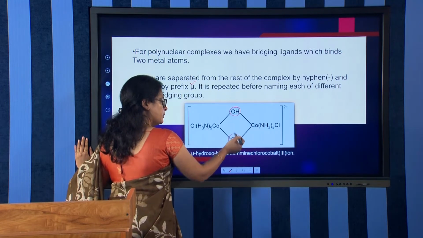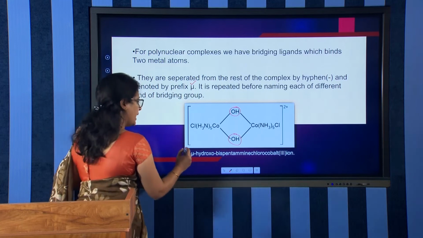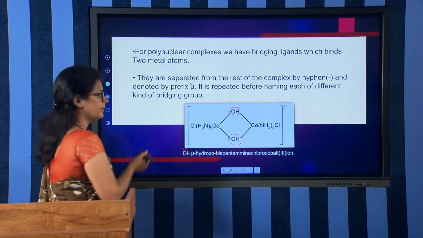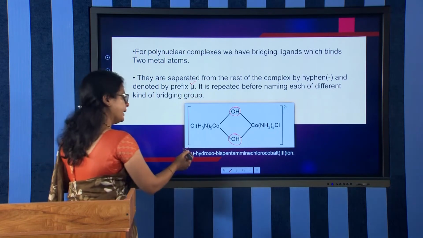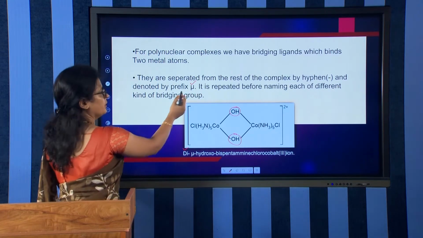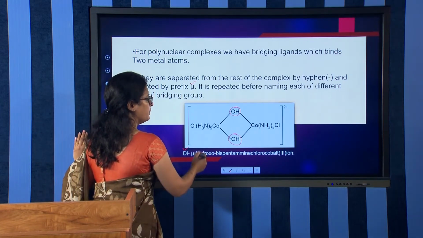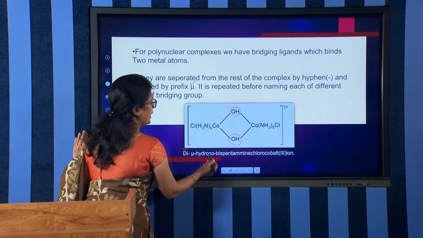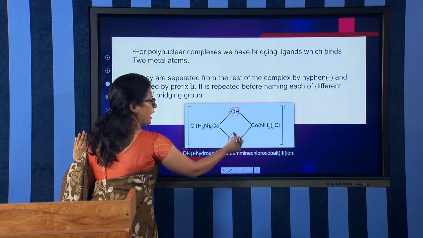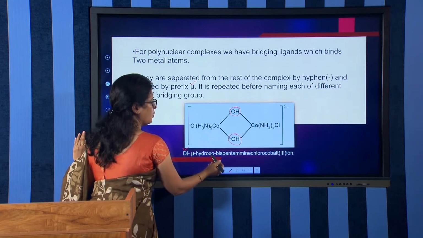Since there are 2 bridging ligands, both the same, di is used. Di, then a hyphen as already mentioned, then mu should be included, and then we name the bridging ligand, that is hydroxo. So, di-mu-hydroxo. Di means it has 2 OH ligands.